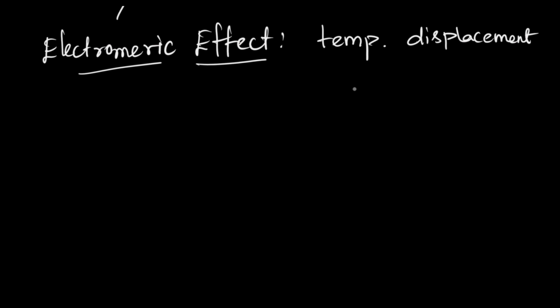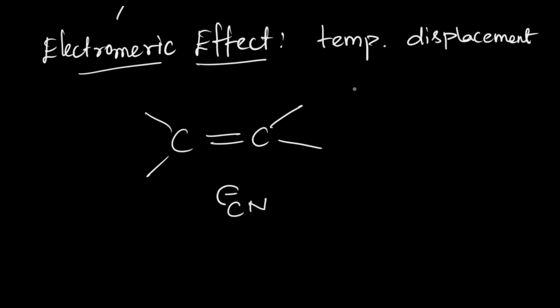For example, if I am having an alkene system and the incoming group is CN minus, the CN minus will break the double bond. Let's say H plus and CN minus. H plus will get attached to one of those carbons and CN minus will get attached to the other carbon, right?